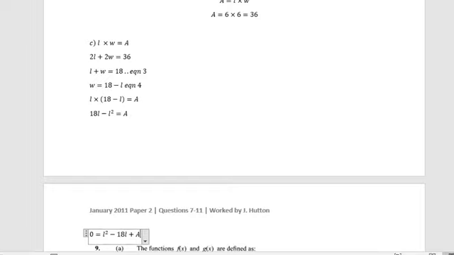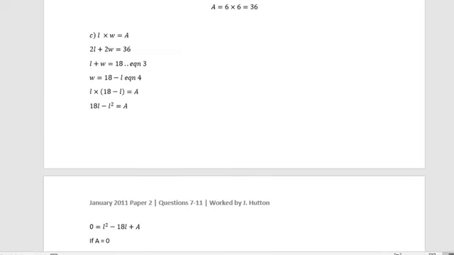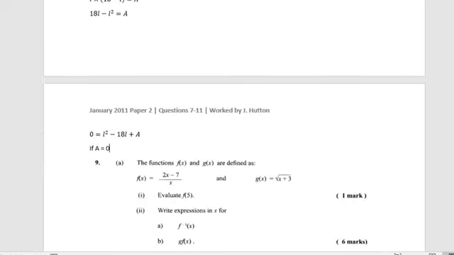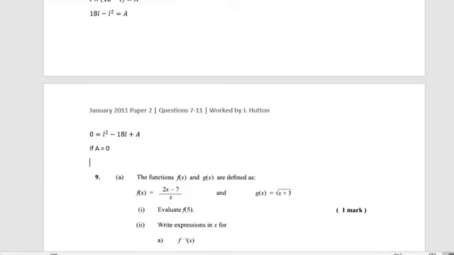So therefore, if A is equal to 0, then L is 18 and 0. So on a graph, those would be the possible values for our L. If you're doing a sketch of your parabola, L would be equal to 18 and L equal to 0. That is when our area is 0.